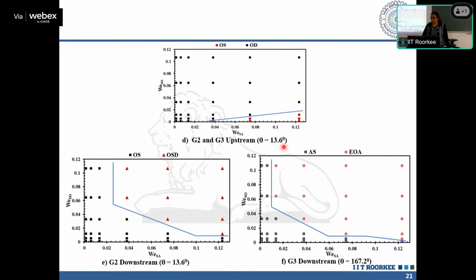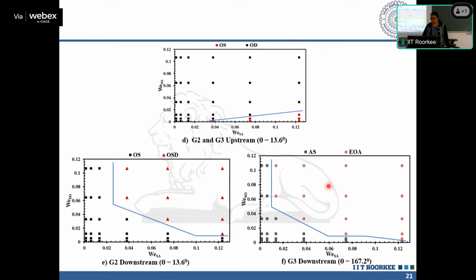G2, G3 upstream. So this is hydrophilic upstream and G2 is continuous. Okay, the only change is the change of area. So what are we observing? Organic slug, organic drop, with organic drop again occupying the main flow regime map and formation of water droplets in this regime.